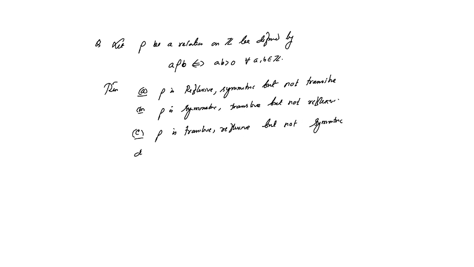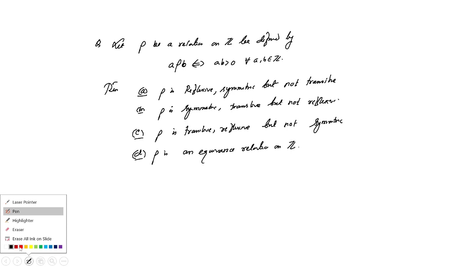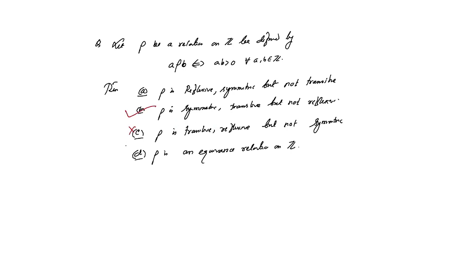And option D, rho is an equivalence relation on Z. That means reflexive, symmetric and transitive. So what we have seen here, it is not reflexive, but it is symmetric and transitive. So option B is correct. All other options are false.